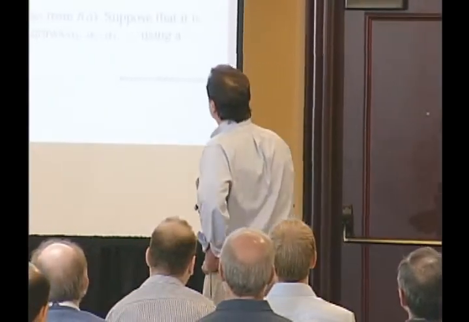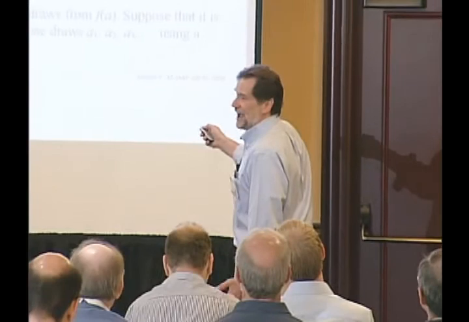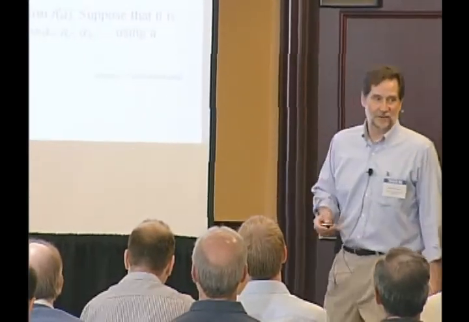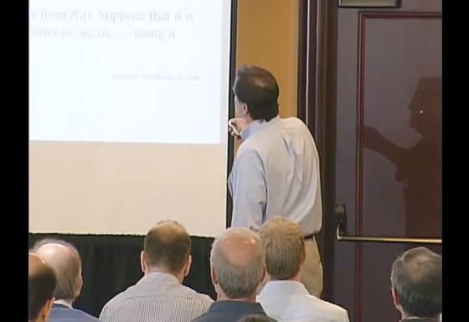So one thing you might do is that if you've got a random number generator and if you're lucky enough to be able to get random draws from F, then it's pretty easy to think about how you might estimate a population average. You would get a bunch of these draws, compute a sample average, and use your sample average as an estimate of the object that you want, which is the population average.